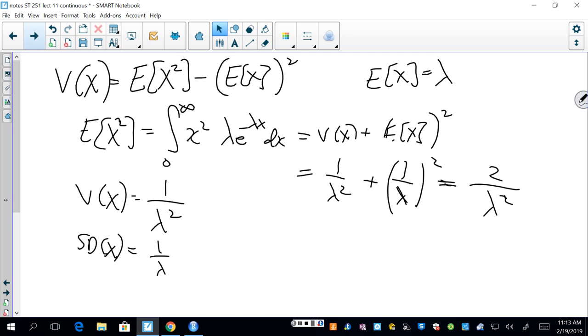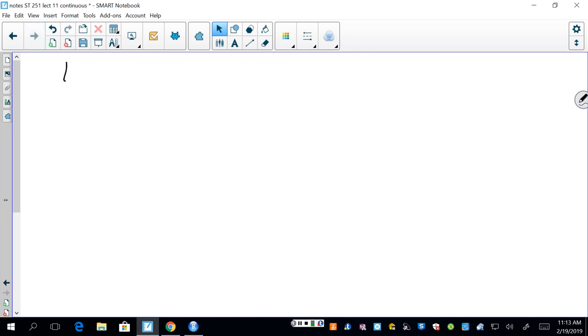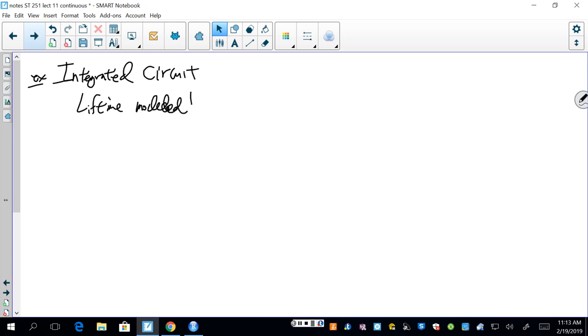So let's say you had an integrated circuit, and the lifetime of this circuit is modeled by an exponential random variable.